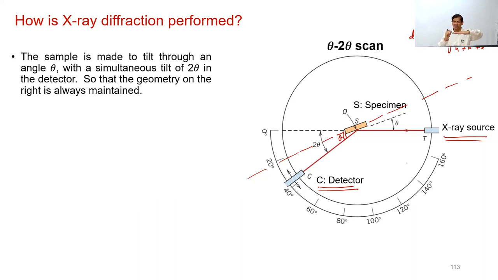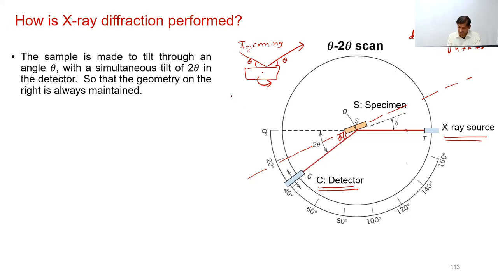We start with some angle and an incoming X-ray beam. So if I have this incoming X-ray, I had some initial angle theta, then I have the same geometry theta. Now I tilt the sample around its own axis by some small amount, say delta theta.